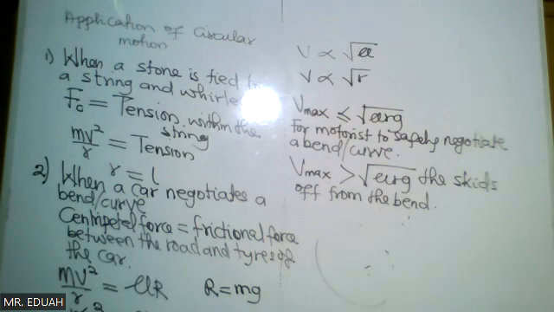An object of mass 0.25 kilogram has a control wire of length 2 meters attached to it.